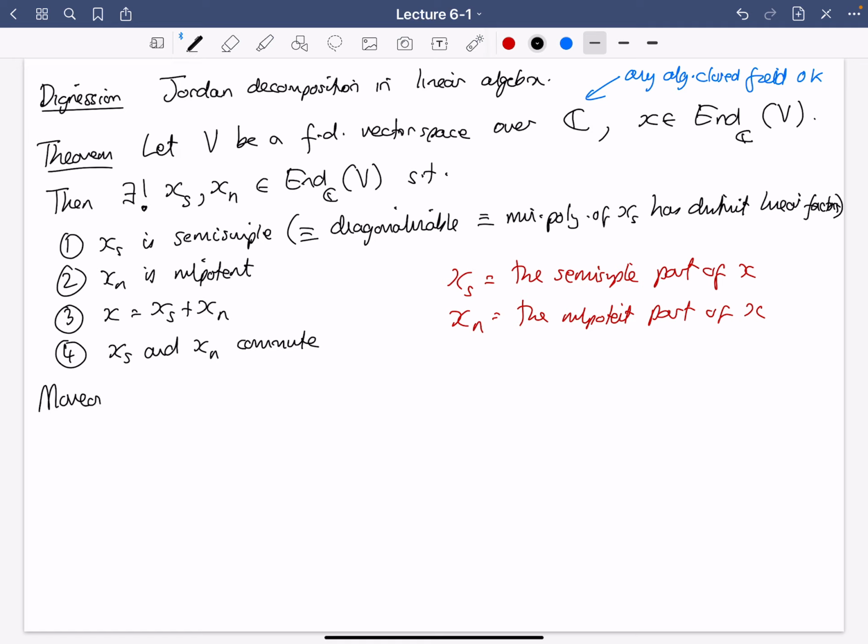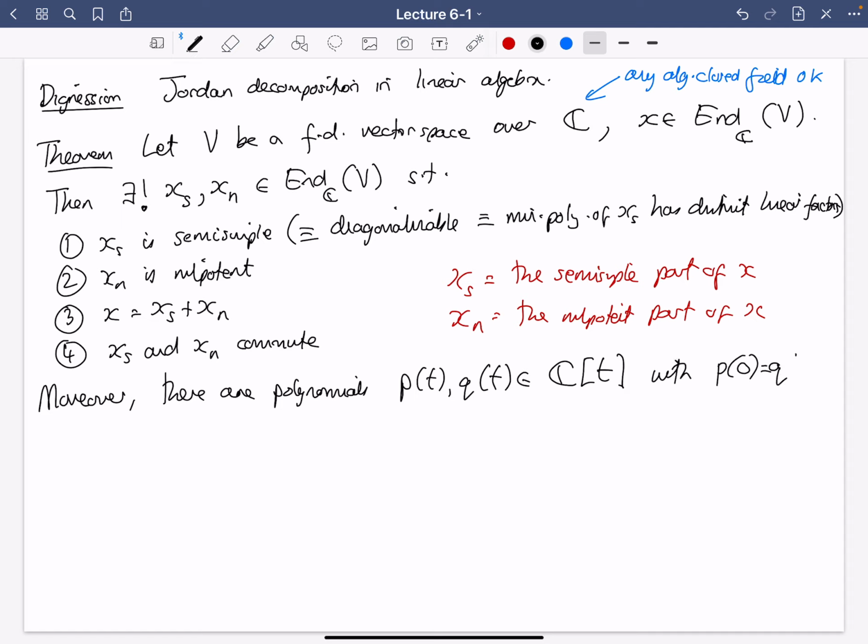Moreover, there are polynomials P of t and Q of t in some indeterminate t with constant term 0 such that xs is just the polynomial P evaluated at x, and xn is Q evaluated at x.